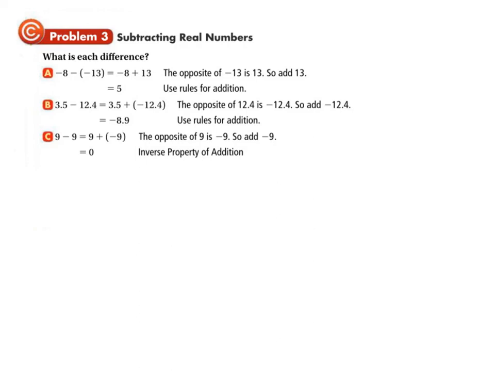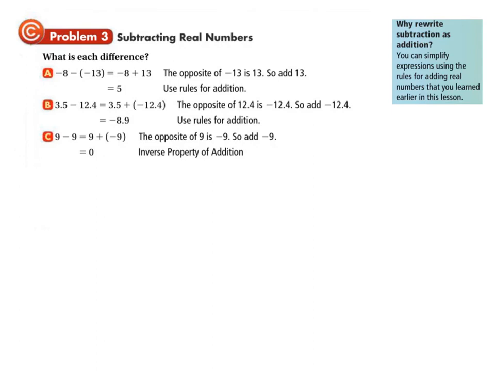Now, we have a value in turning it into an addition problem because we already have a set of rules for addition. If we just change it to an addition problem by doing the opposite of the second number, then we're just following the addition rules, really one set of rules.